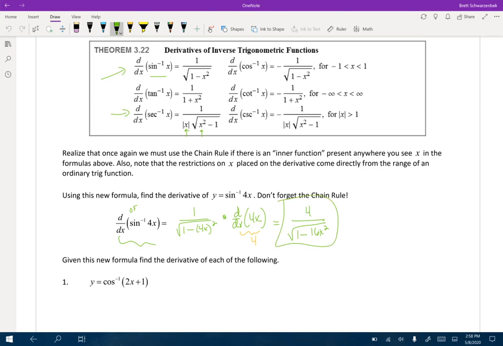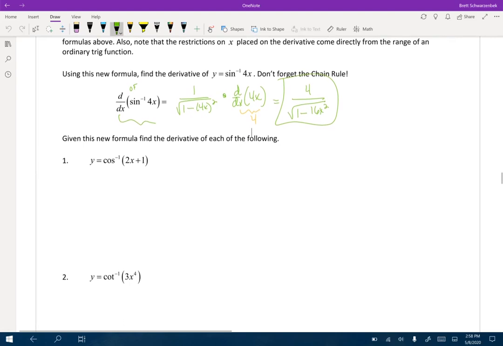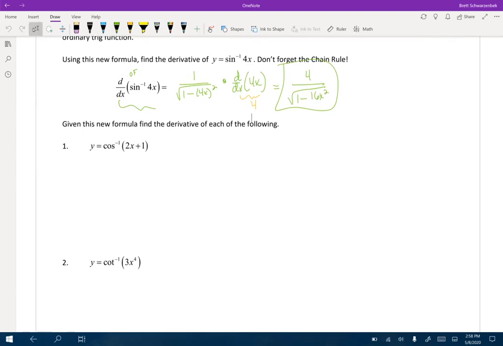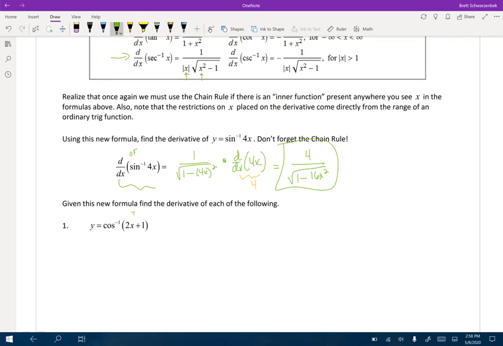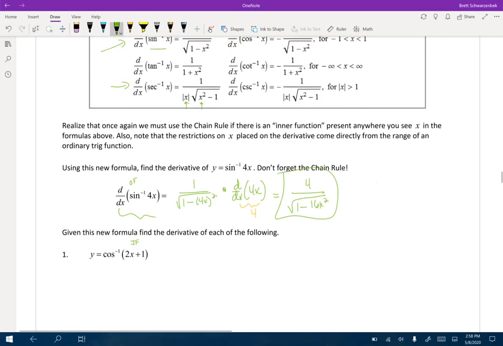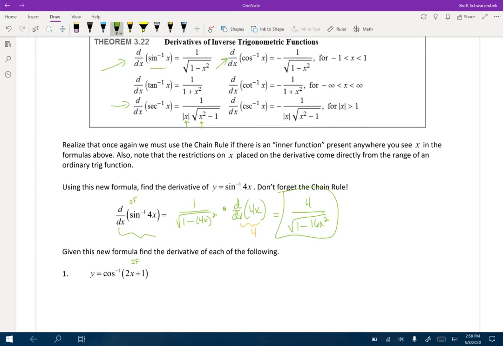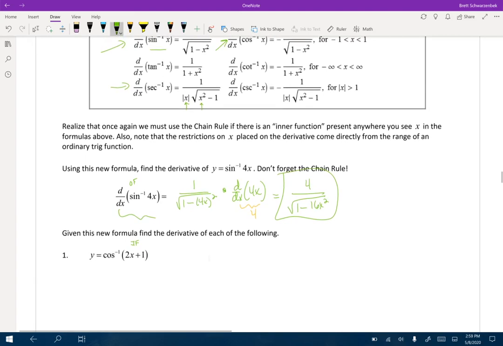Okay, so let's just do a bunch of these. Cosine inverse of 2x plus 1. Clearly we have an outer and an inner function. Here's your inner function here. So we just have to follow the rule. Remember, it's the same exact derivative as sine, except with a negative in front of it.